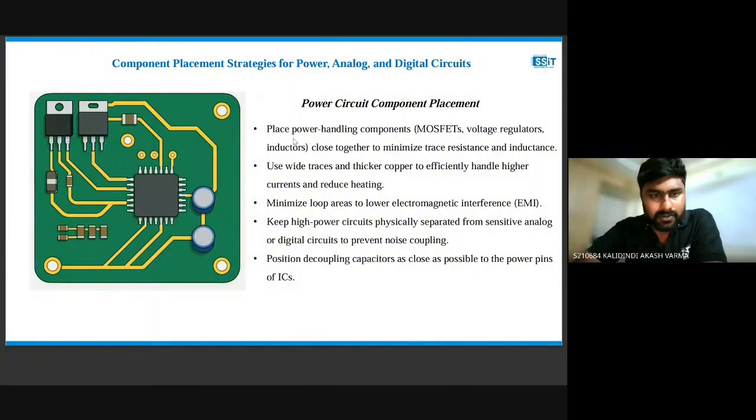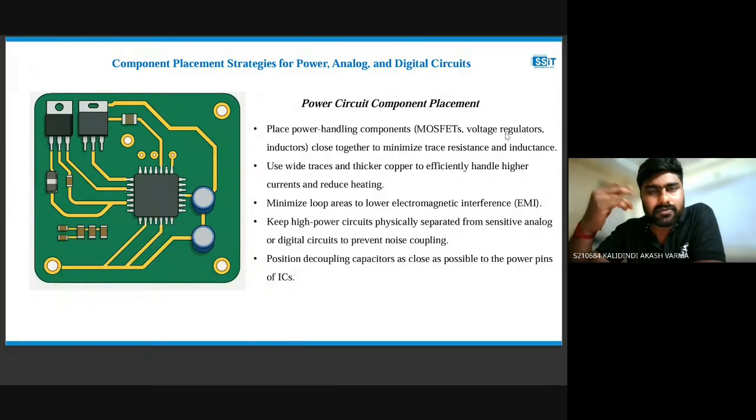Coming to power modules in a PCB, typically MOSFETs, voltage regulators, and inductors, these we can consider as the power related components in a PCB design. The first thing, we need to place all those components as close as possible to reduce the trace resistance and inductance. Let me explain. These power related modules will dissipate a lot of power, too much heat, because every power module, let us take a voltage regulator.